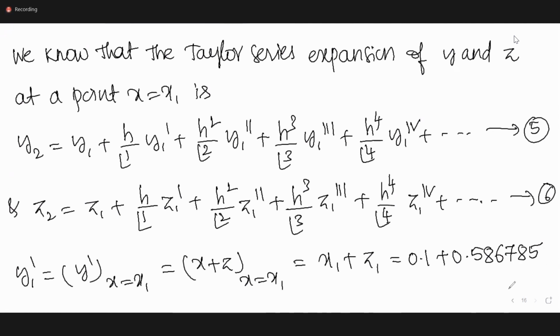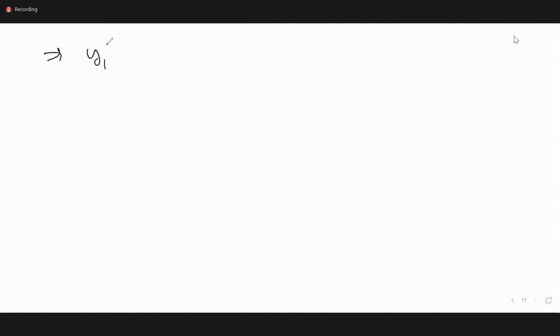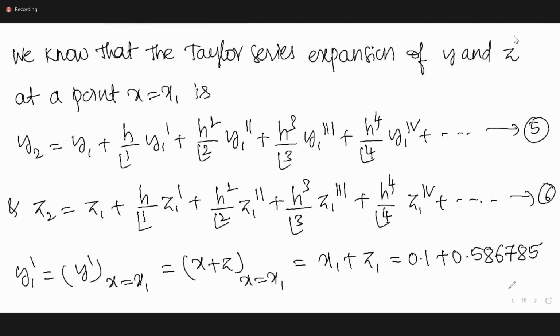So this is 0.686785. So y1 dash is equal to 0.686785.